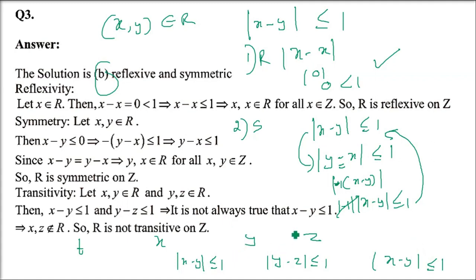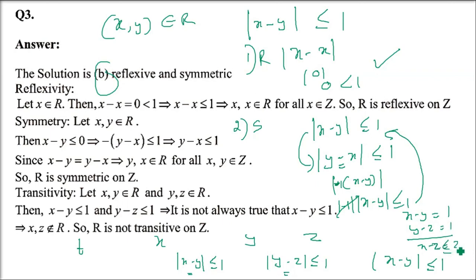It is not always true. I'll give you a kind of guess. Take x minus y equal to 1, y minus z equal to 1. Just add these two. We get x minus z equals 2.